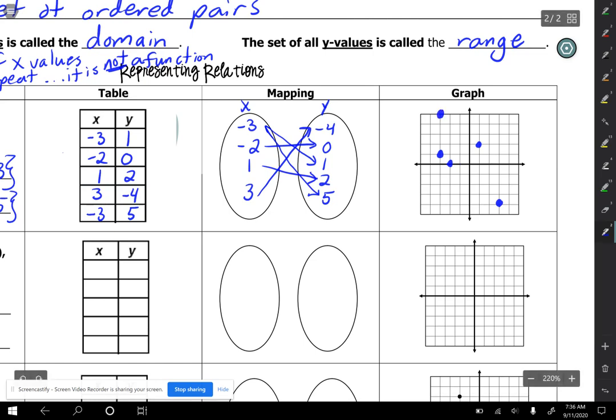Okay, so again, this is not a function because it does not pass the vertical line test. Because if you were to draw a straight line, it would go through more than one point at the same time.